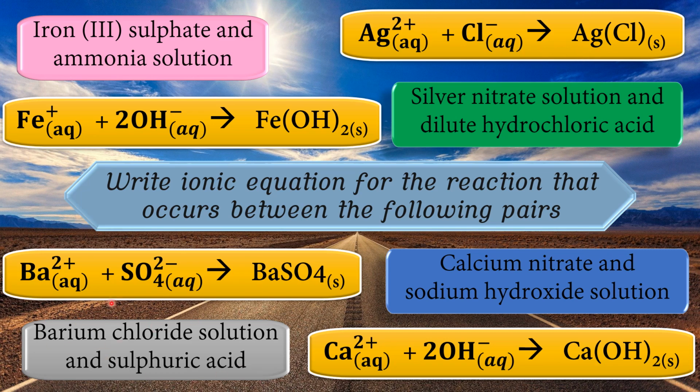We have barium chloride reacting with sulfuric acid, barium cations reacting with sulfate ions to form barium sulfate, and then we have calcium nitrate reacting with sodium hydroxide to form calcium hydroxide from calcium cations and hydroxide ions.